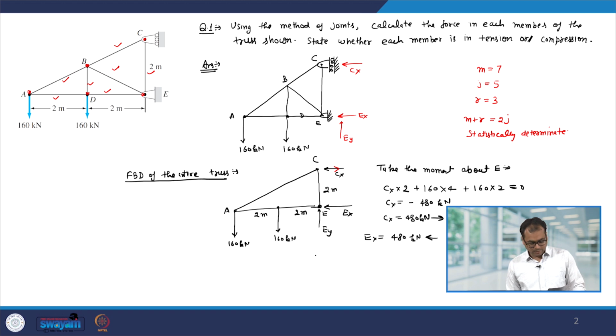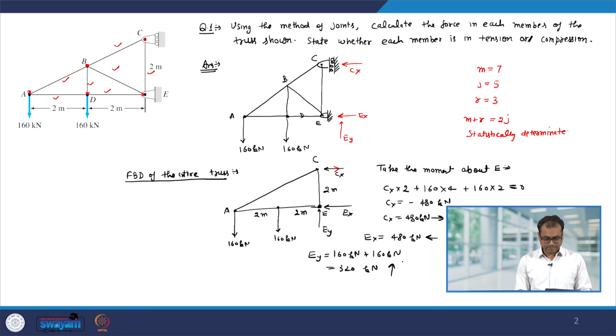Now, Ey I can calculate from summation Fy equal to 0, and Ey will be 160 plus 160, which is 320 kilonewton, and its direction is upward. All these parameters, Cx, Ex, Ey, we got by considering the entire truss.